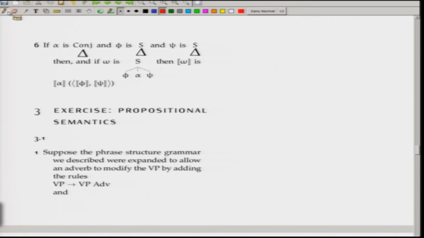The problem is this: suppose the phrase structure grammar we described were expanded to allow an adverb to modify the VP by adding the rules. VP goes to VP and ADV, meaning adverb, and then adverb goes to restlessly or harmlessly. That is, we are having two adverbs.